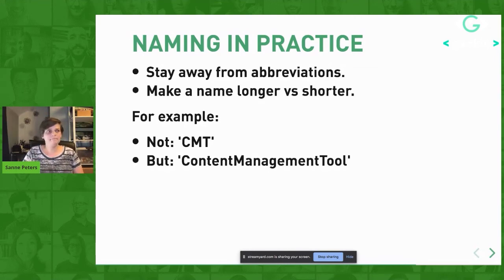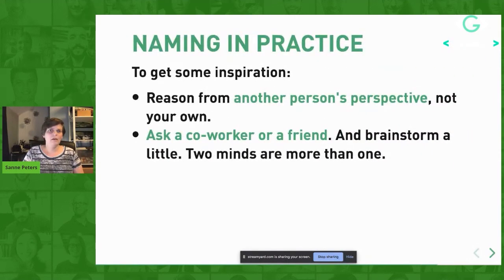And also get some inspiration. Because in the end, naming things is a creative effort. It takes some mental power, and it's good to take shortcuts. So maybe reason from another's perspective, not your own.